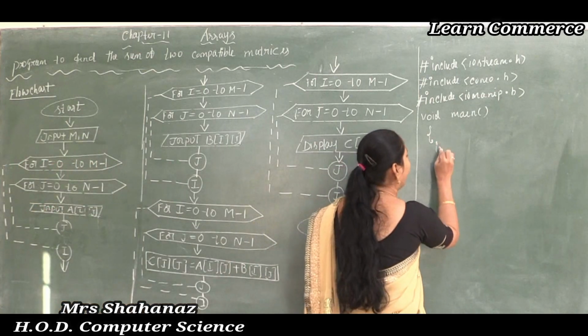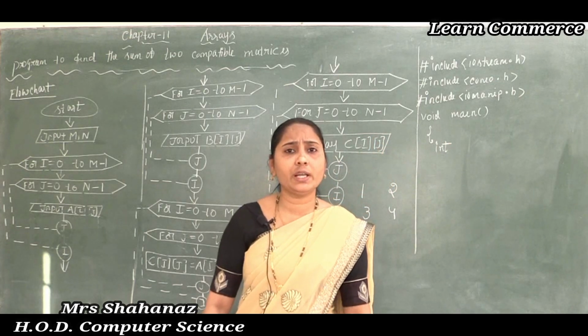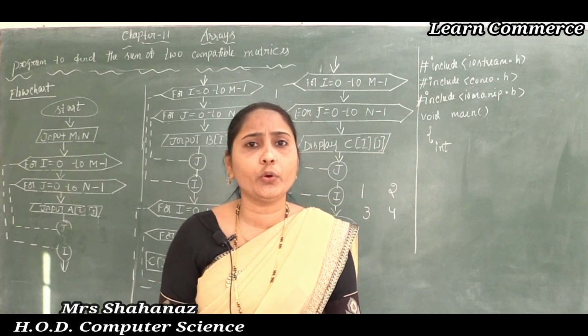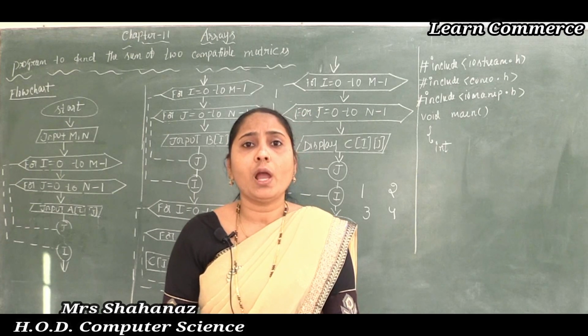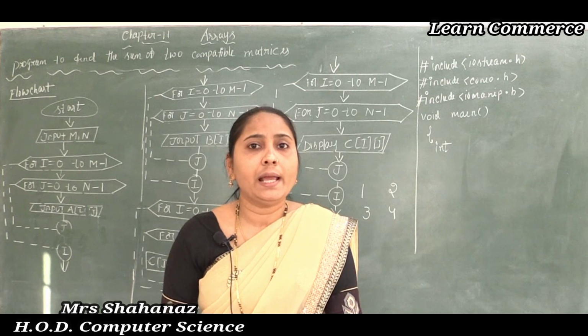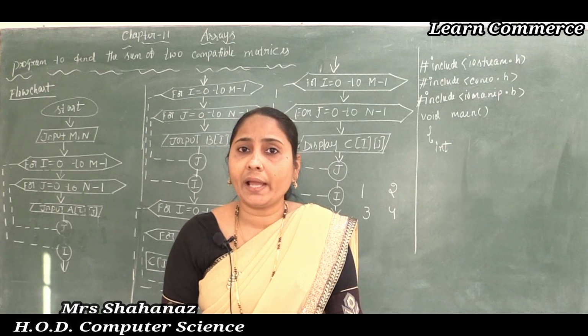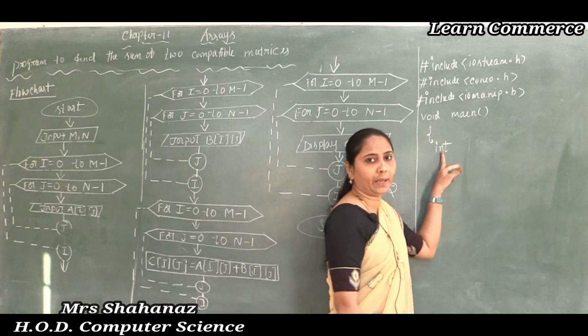Whatever elements are used in our matrix A, 1 2 3 4, in matrix B 1 2 3 4, everything is a whole number, correct no? No fractional elements are there here. Whatever I used is a whole number, so I am using the data type int, okay.